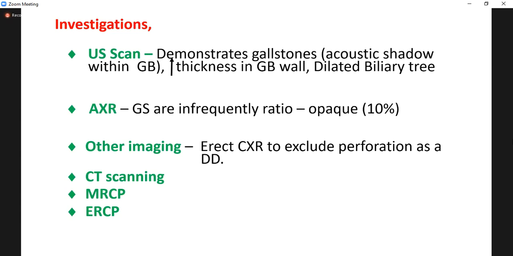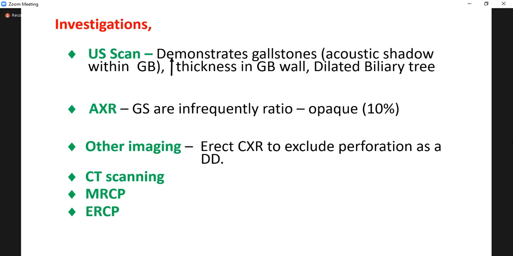On abdominal X-ray, only in about 10% of cases will you see gallstones as a radio-opaque shadow. So abdominal X-ray is of not much value. Other imaging: you can get an erect chest X-ray to exclude any perforation, to rule out any other differential diagnosis, because these patients will present with acute abdomen.